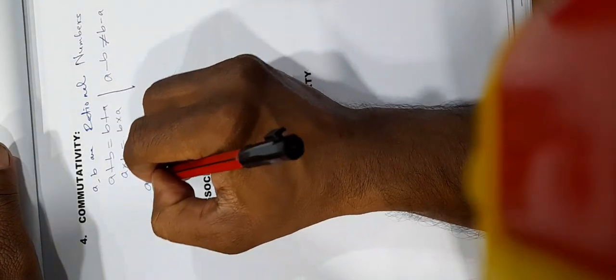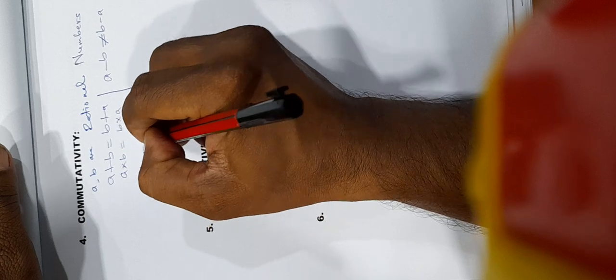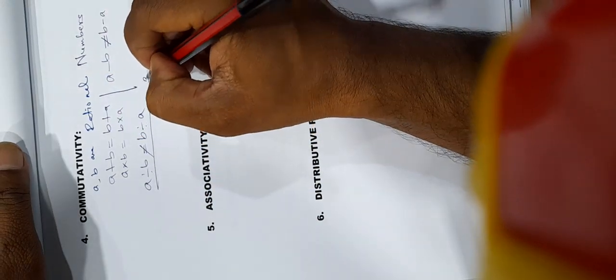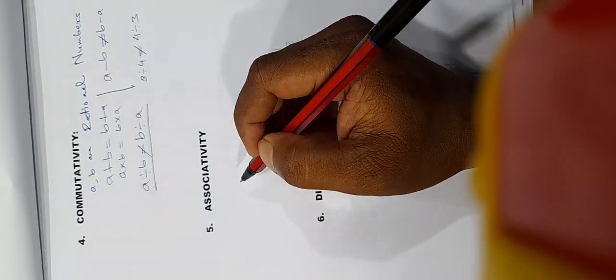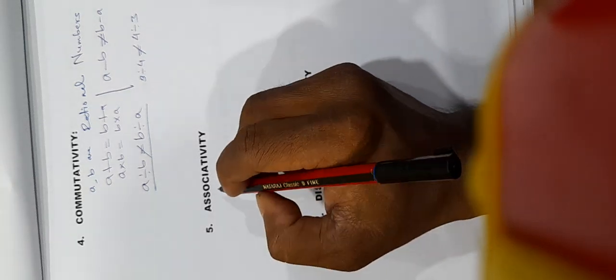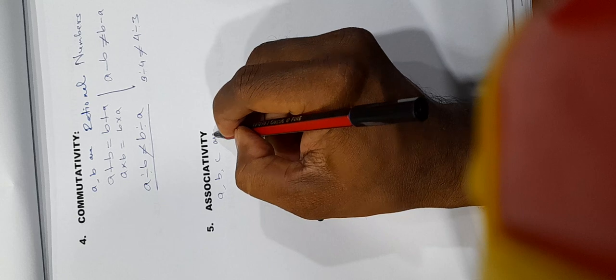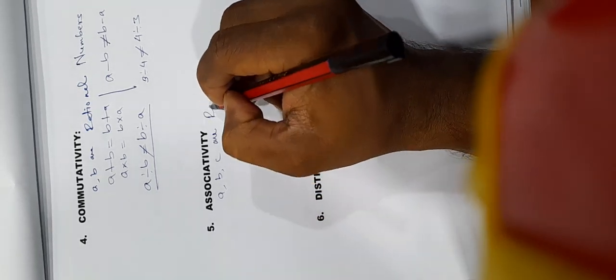Similarly, a divided by b may not be equal to b divided by a. For example, 3 divided by 4 is not equal to 4 divided by 3, right? Next, associativity. Say for example, a, b, c are rational numbers or real numbers.